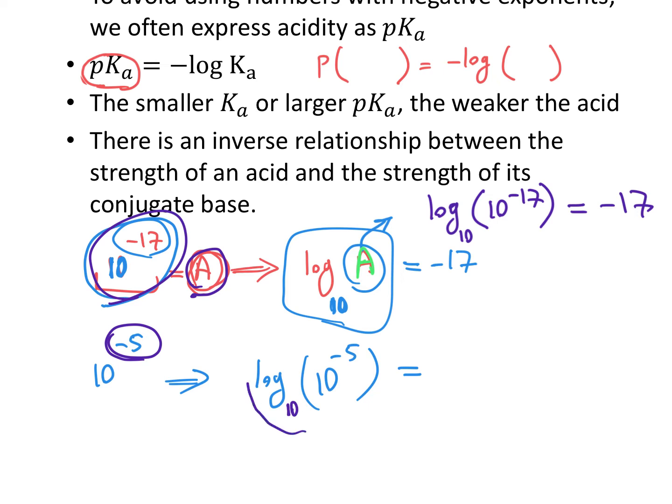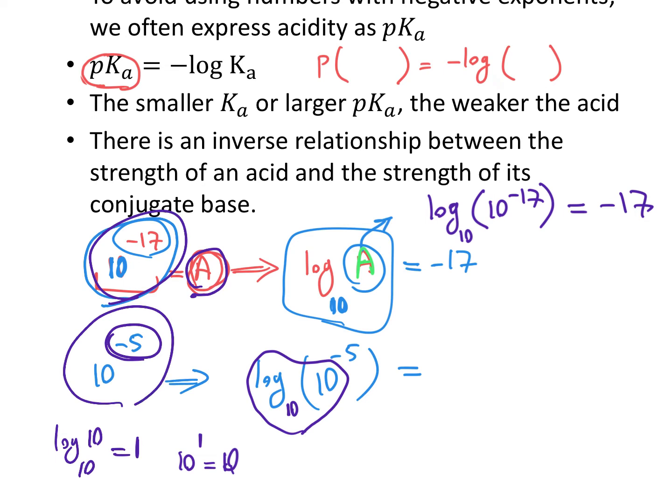And this expression is basically 1, because 10 to the power of 1 equals 10. So remember, the function logarithm is power. So in this number that I have here, what is the power? Minus 5, right? Does that make sense?